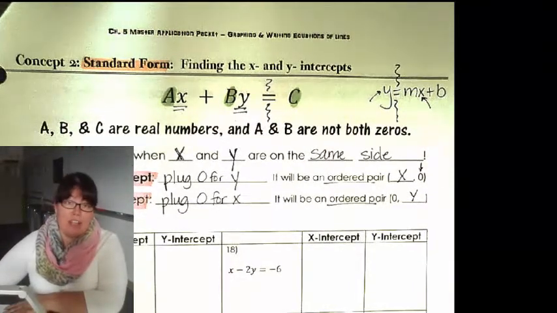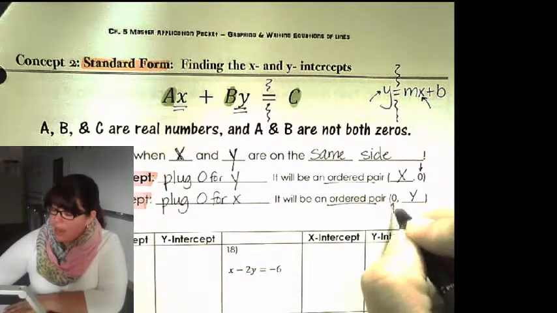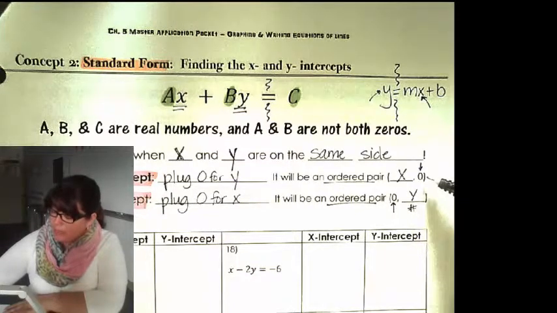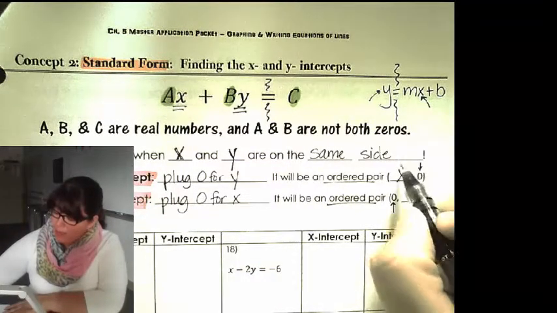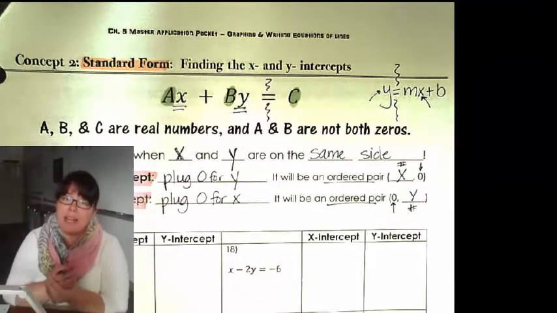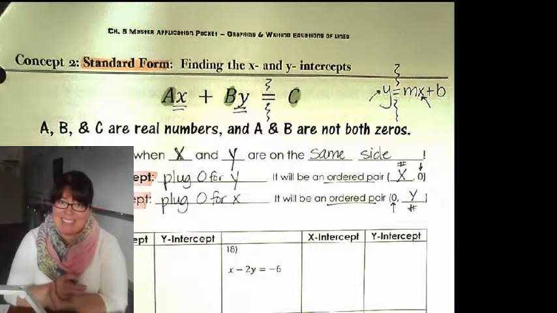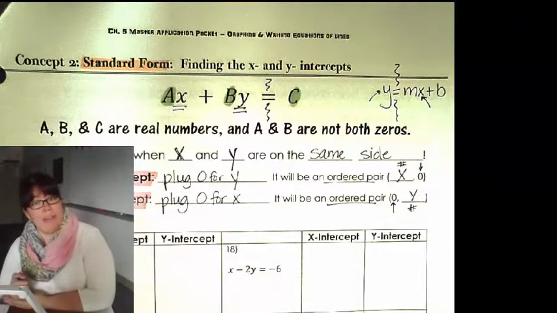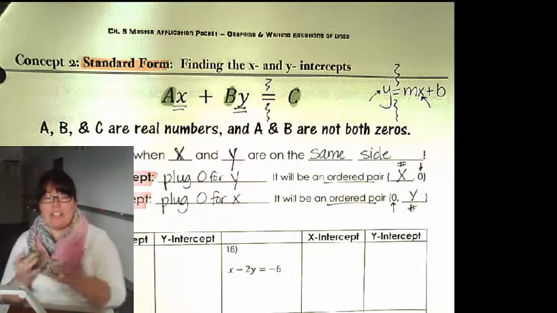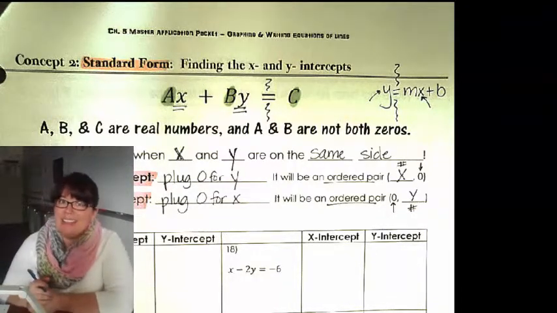The y-intercept will be in the y place. So 0 in the x and a number for y, whereas the x-intercept had a 0 for the y and a number for the x. It gets kind of crazy, but just remember, if there's a number in the x place, that's where it hits the x-axis. Number in the y place, that's where it hits the y-axis. All right? So let's take a look at some examples of how we're going to be finding these.